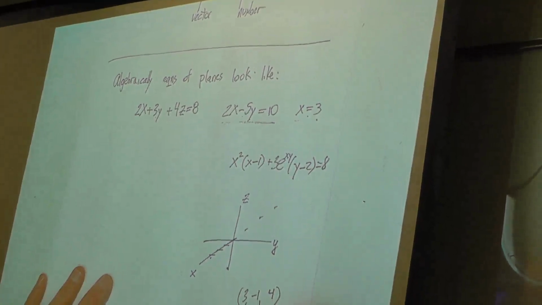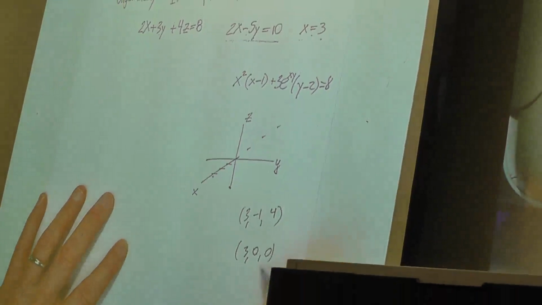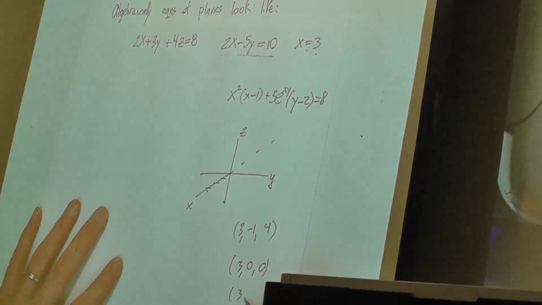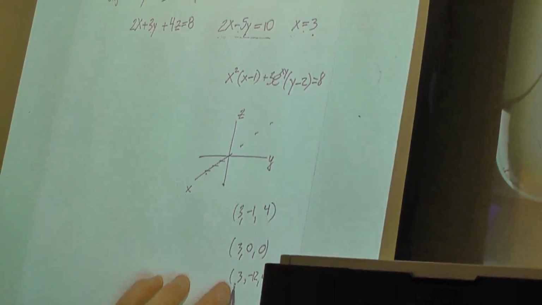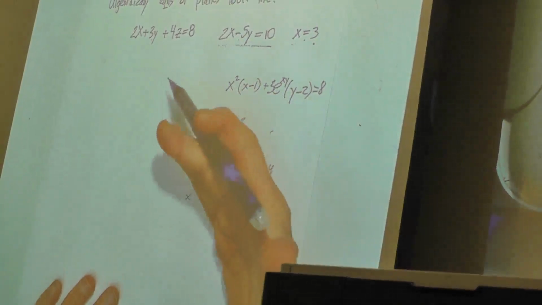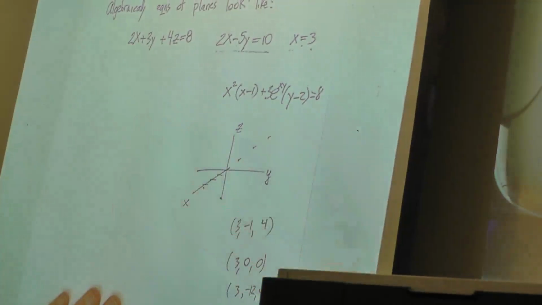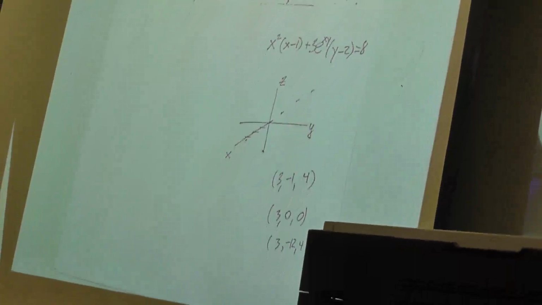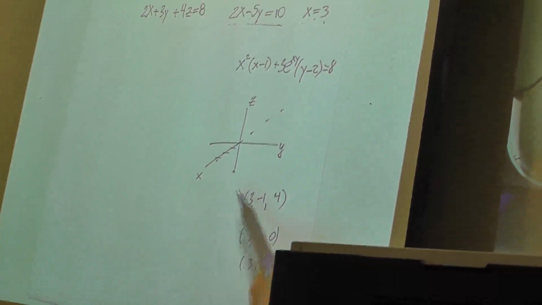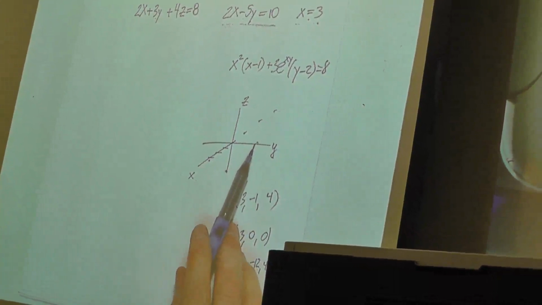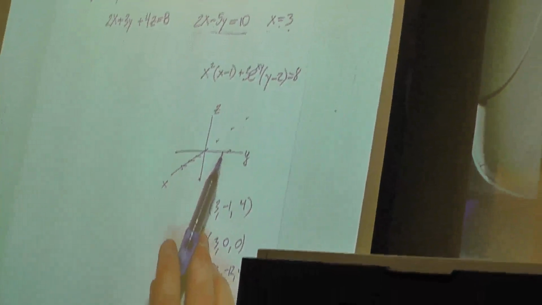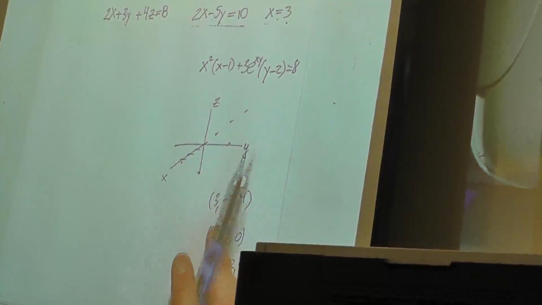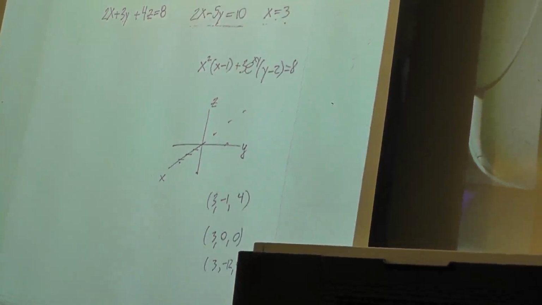They might look like this. They might look like this. They all have an x-coordinate of 3, so they're 3 units out. If you measure the distance between any point in this plane and the YZ plane, it's going to be 3 units. Okay? Questions, comments?